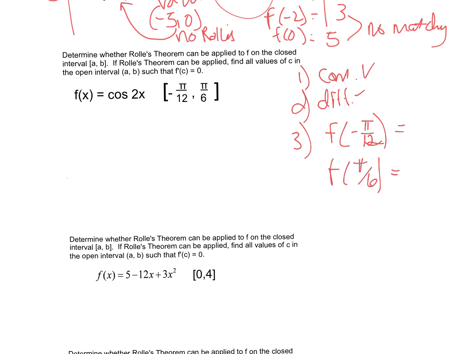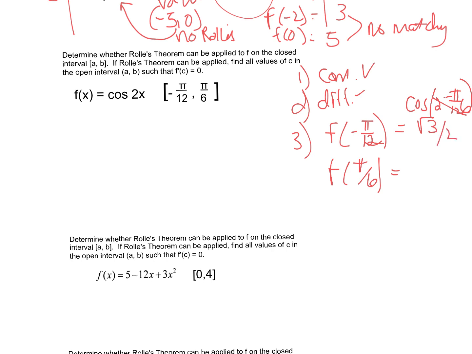You can actually do this without a calculator, because if I do cosine of -π/12, but I have a 2 there, it's cosine of 2 times -π/12, which is really cosine of -π/6, which is radical 3/2.